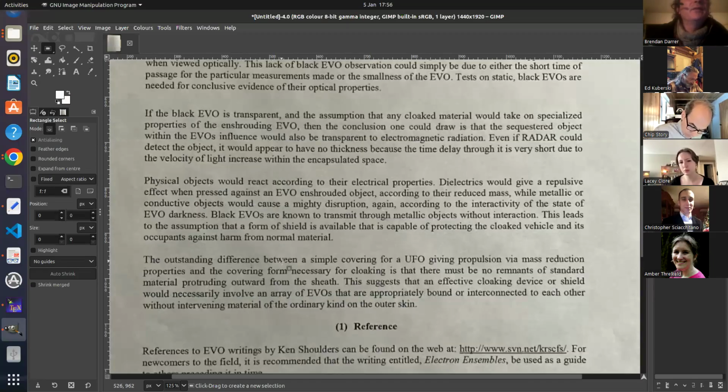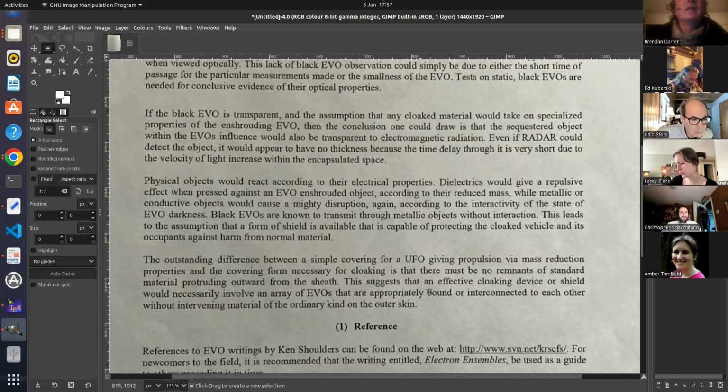The outstanding difference between a simple covering for a UFO giving propulsion via mass reduction properties and the covering form necessary for cloaking is that there must be no remnants of standard material protruding outward from the sheath.